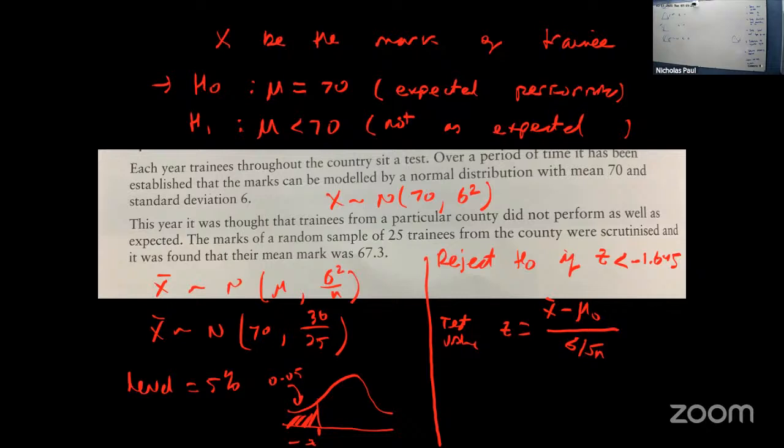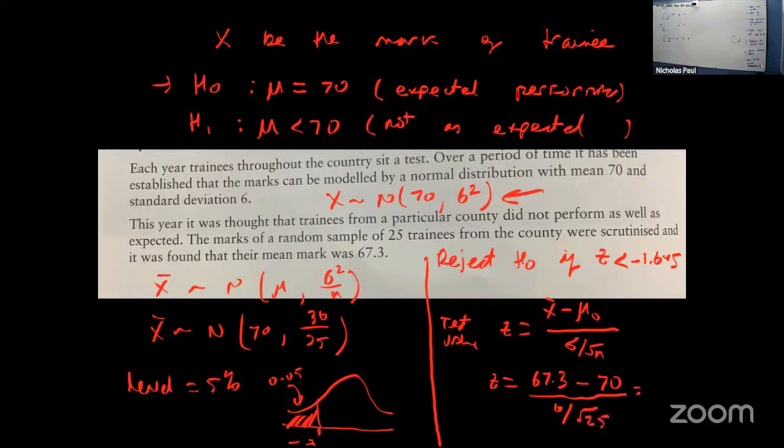So I just squeeze in the Z value here. X bar was 67.3. The mu naught value is the original value tested again, 70. Sigma will be 6, right? That's from here. And your root n will be the square root of 25.